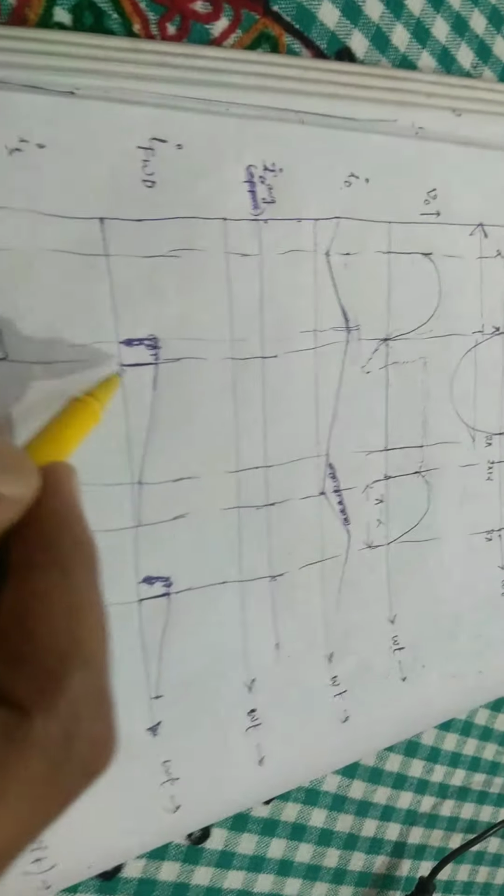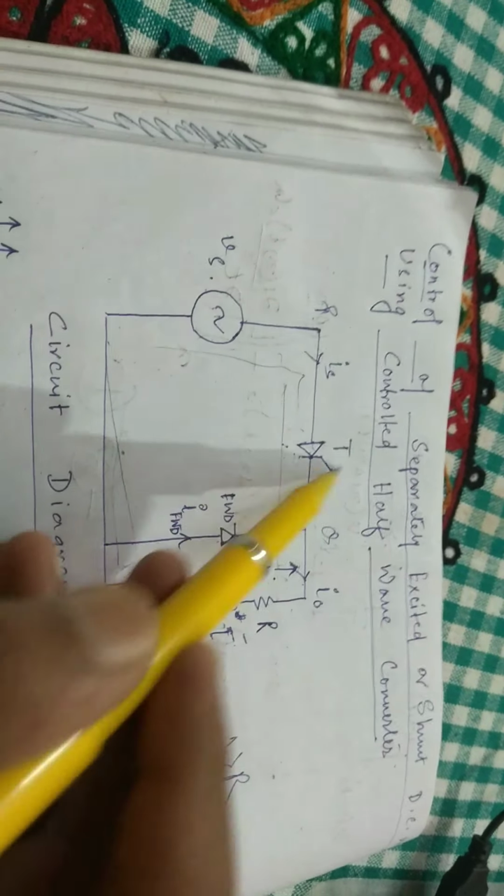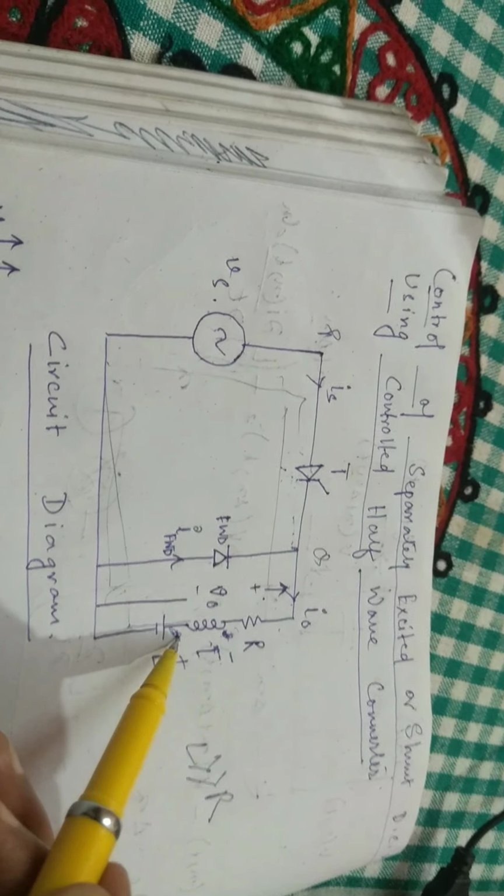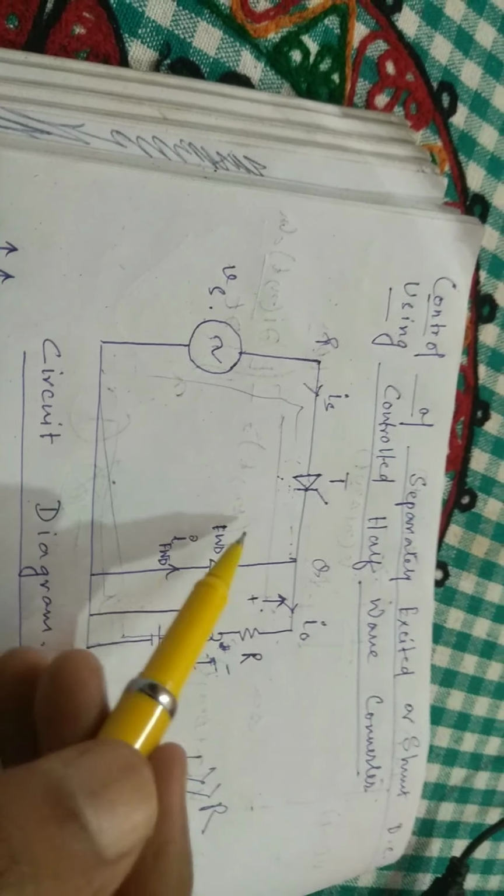Now this is a freewheeling diode. This freewheeling diode starts conducting from pi, as the voltage becomes negative. I told you previously, as the voltage becomes negative, this thyristor gets reverse biased, but as the polarity of this inductor has already changed, this becomes forward biased.